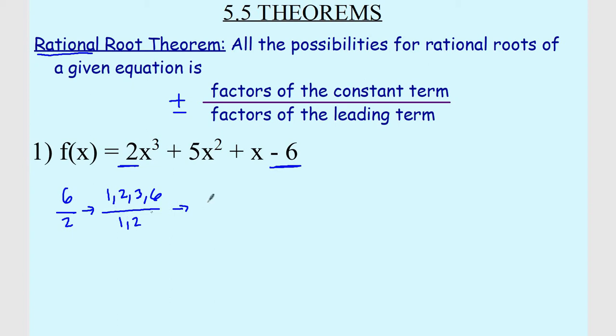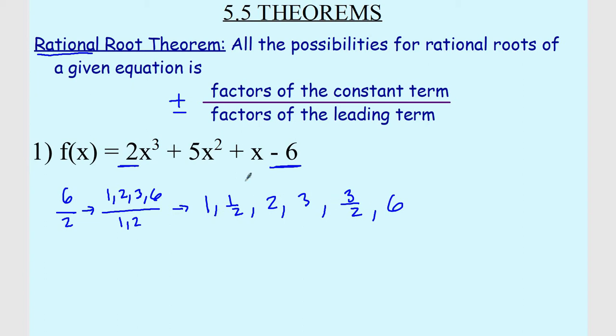So 1 over 1, 1 over 2, 2 over 1, 2 over 2, well, we already have the 1, then 3 over 1, that's just 3, then 3 over 2, then we had 6 over 1, and then 6 over 2 is just 3, we already have it. So these are all of our options.